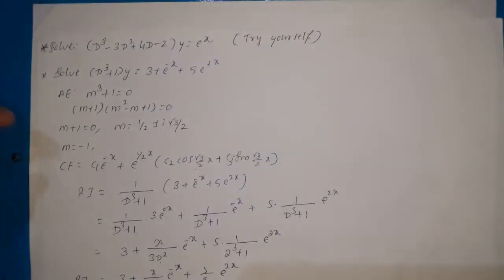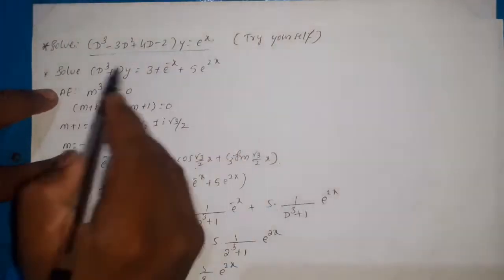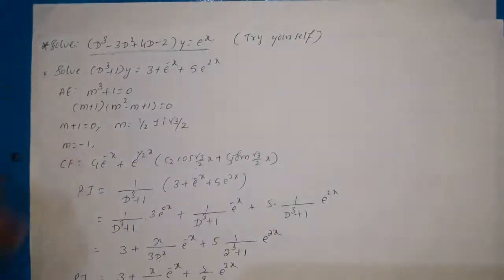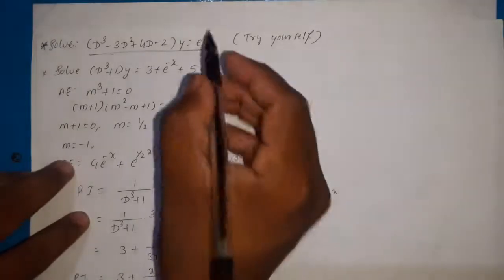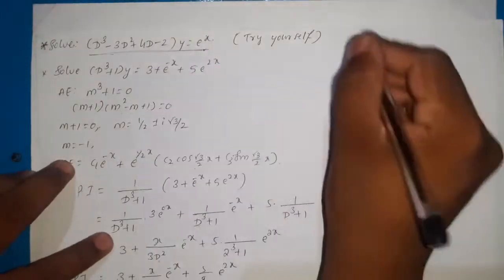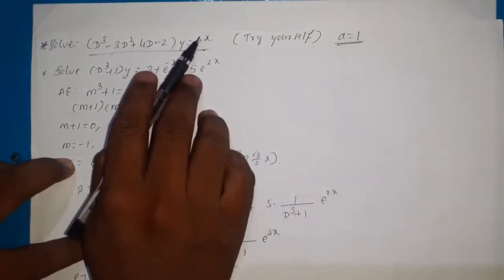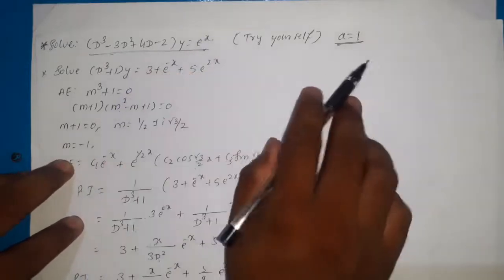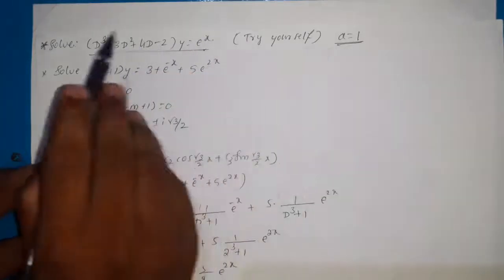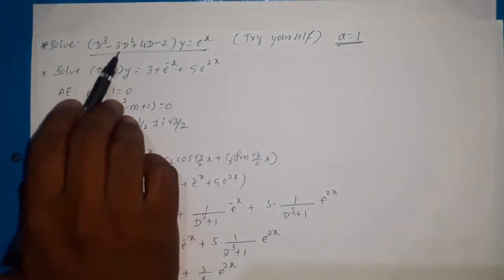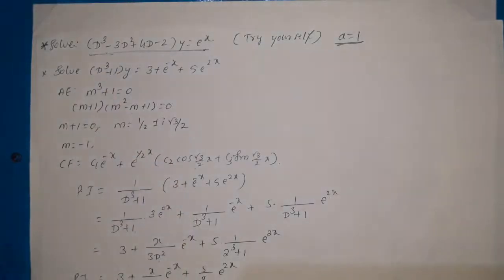So here this example, do not forget to solve: D cube minus 3D square plus 4D minus 2 into y is equal to e power x. So for this problem a is equal to 1, because it is e power ax, in place of a we have 1. And it is a cubic equation, so it will have 3 roots.